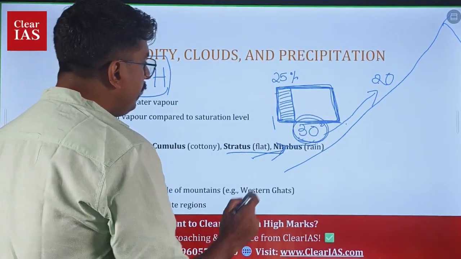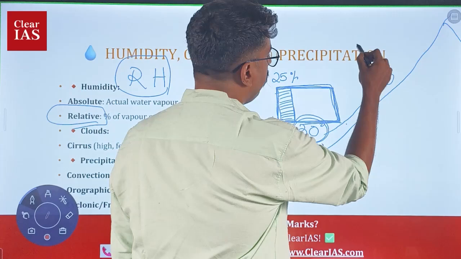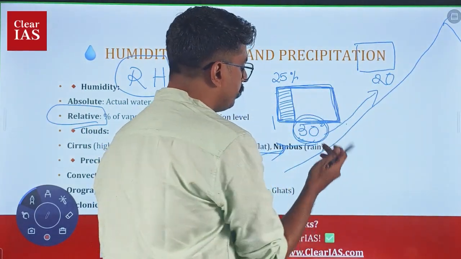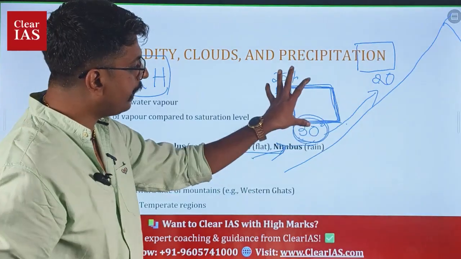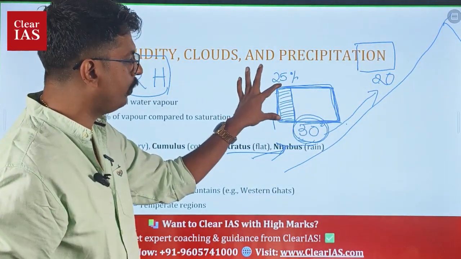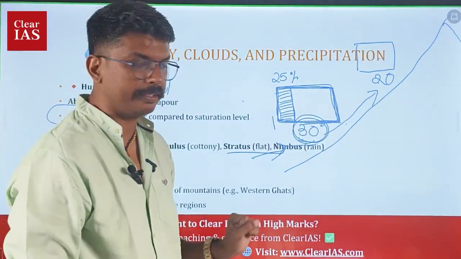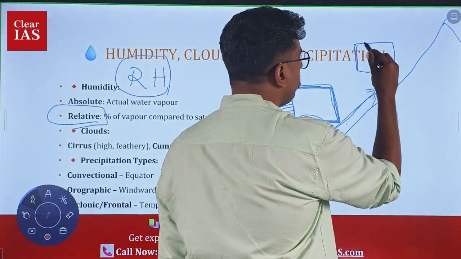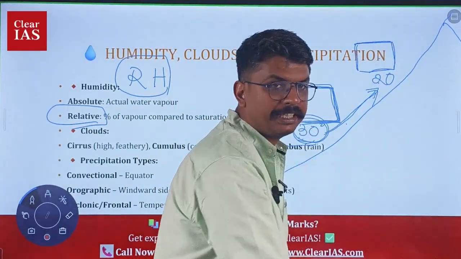When the temperature decreases from 30 to 20, the carrying capacity of the air will reduce. A smaller box. Here the air parcel could carry more water vapor, but there is only 25% of water vapor in it. As the temperature decreases, the carrying capacity of the air decreases.